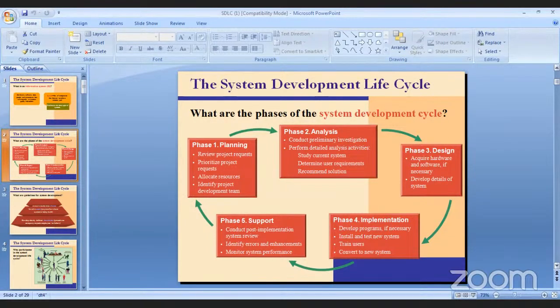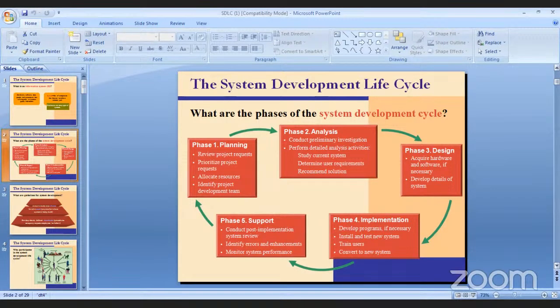Now, what are the specific actions, or you say the activities, to be performed in step 1 or the phase 1? In phase 1, that is the planning, before developing a system for a specific problem, you have to first understand the problem.